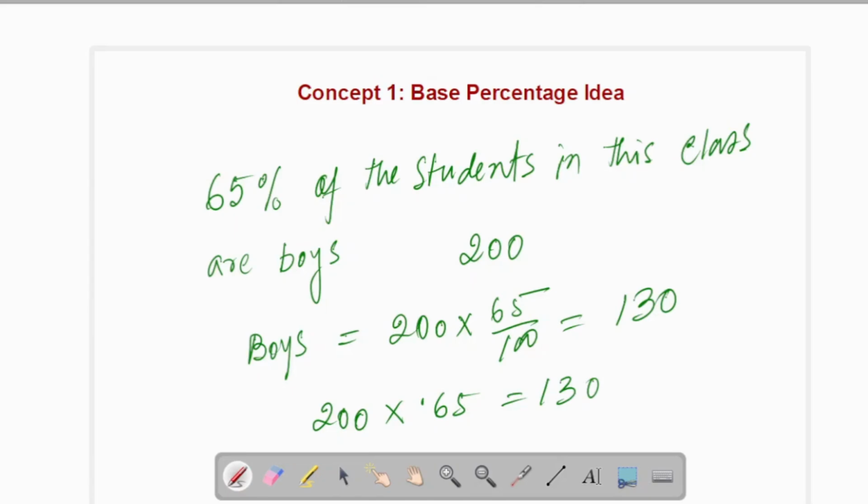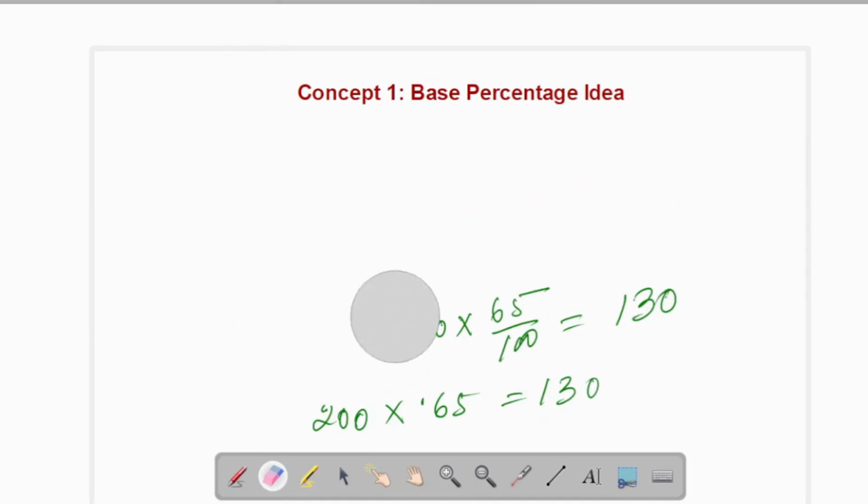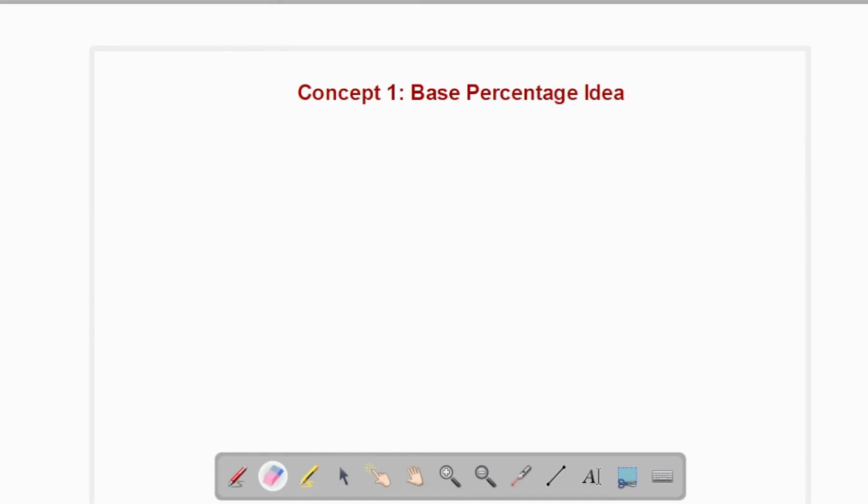Now the expressions like 6%, 63%, 65%, 72%, 155%, etc. do not have any value by themselves. Their values depend on the quantities to which they refer. As a quick tip, always remember that 5% of a number will always be the number divided by 20.